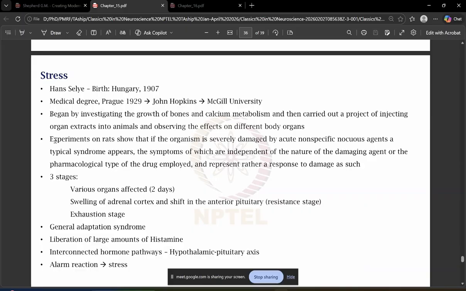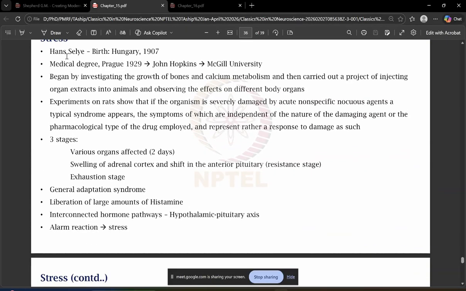So, we know that when Hans Selye was studying the effects of different kinds of non-specific noxious agents in rats, he saw that there is a typical syndrome which is characterized by three different stages, and the syndrome appears as a response to damage itself.